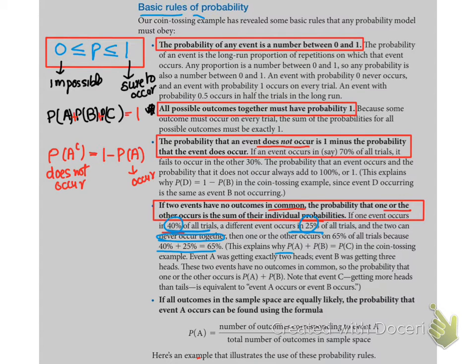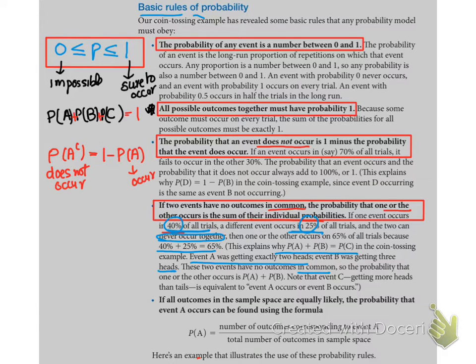We can say that probability of A plus probability of B is probability of C, and we get the probability of both events occurring. All right, so like here, event A, suppose you get 2 heads, for an example, and B is getting 3 heads. If you get 2 heads and 3 heads in a coin tossing, these two events have no outcomes in common.